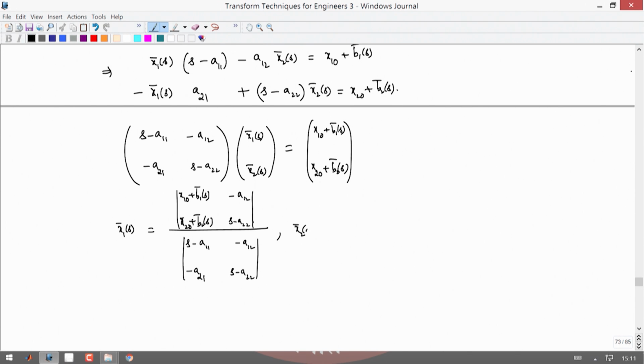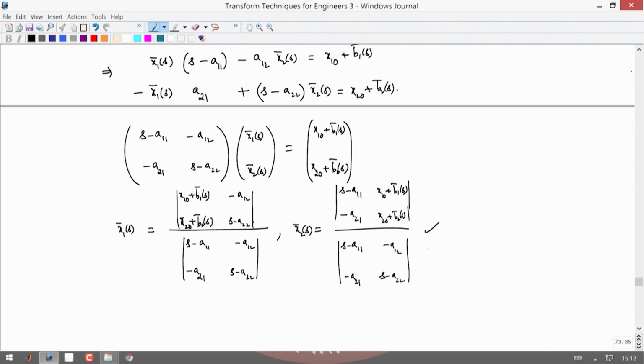Similarly, x2 bar of s you can get with the first column as it is, that is s minus a11, minus a21, and the second column will be x1(0) plus b1 bar of s, x2(0) plus b2 bar of s, and the denominator is the matrix determinant, that is s minus a11, minus a12, minus a21, s minus a22.